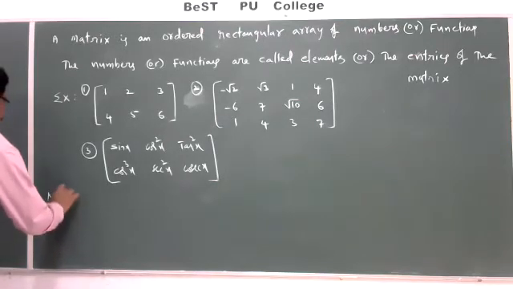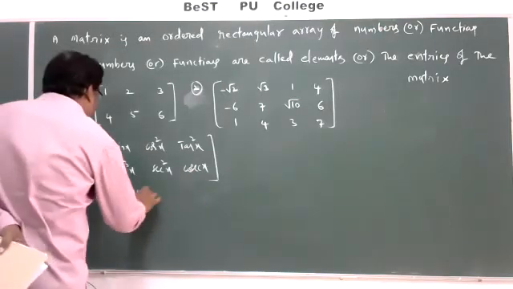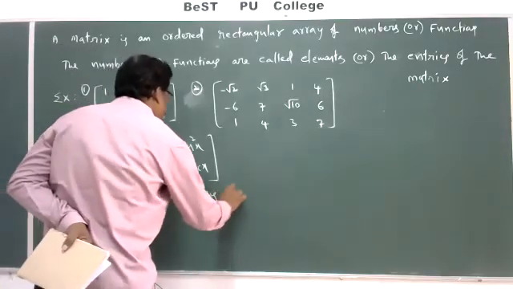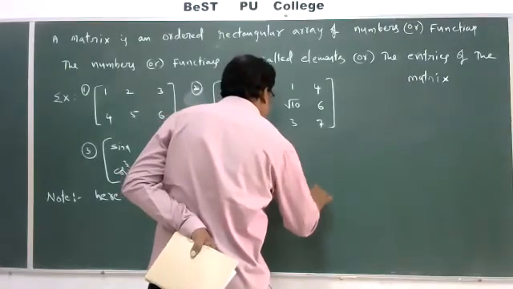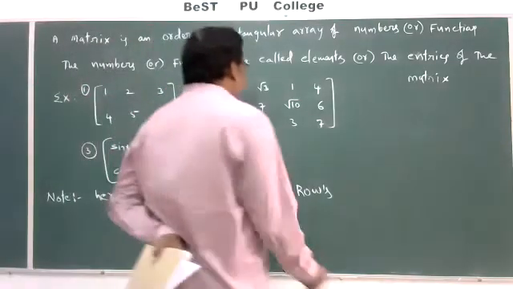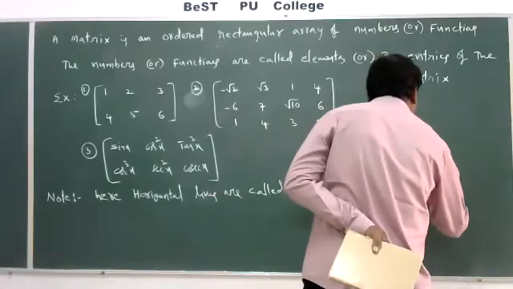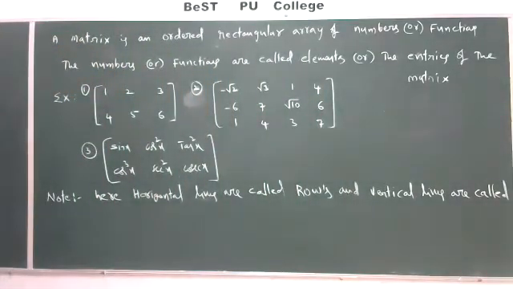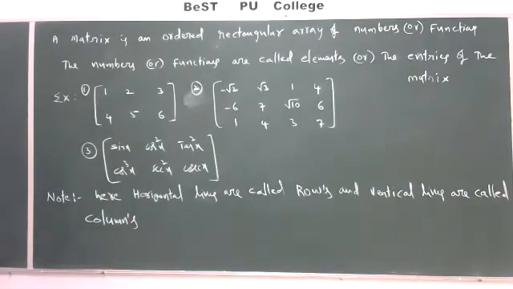Note here: horizontal lines are called rows, and vertical lines are called columns.